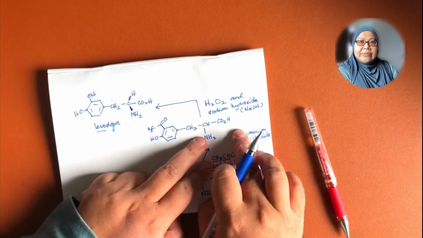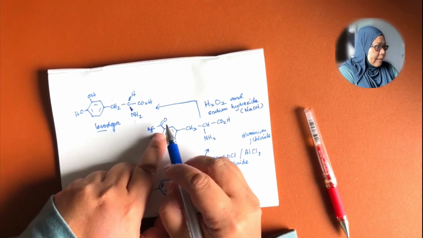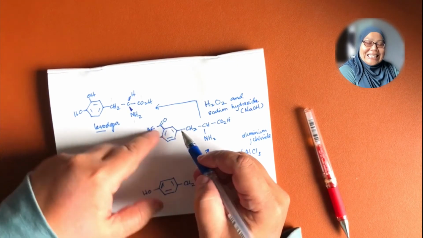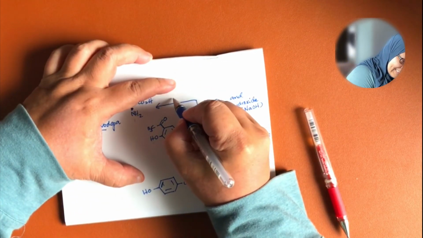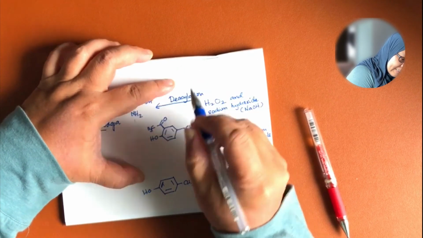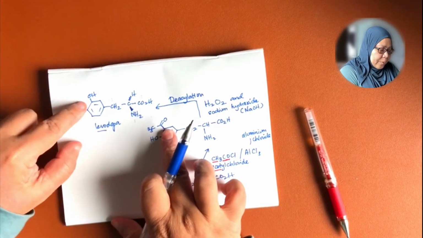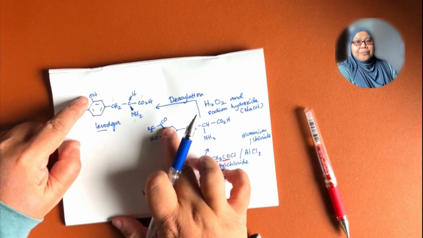In the presence of this reagent, it will deacetylate. This is a deacylation. You will remove this acetyl group to form the OH group.